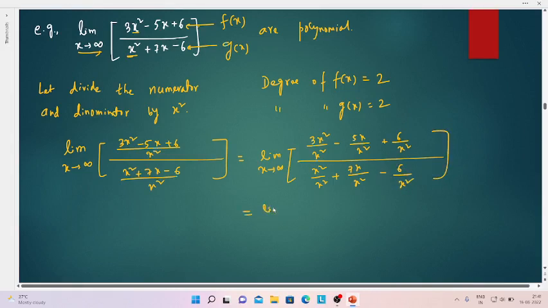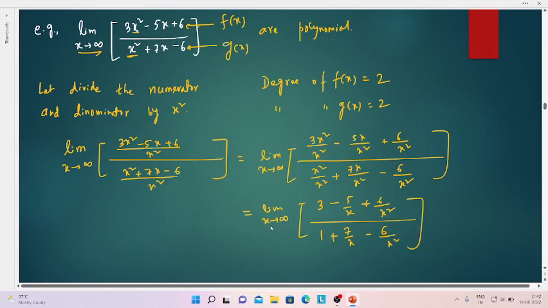That will be similar to the limit as x tends to infinity, where x square will be cancelled out. We have 3 minus 5 upon x, because when we cancel x by x square, that will become 1 by x. And that part will be 6 upon x square, and the denominator will be 1 plus 7 by x minus 6 upon x square.